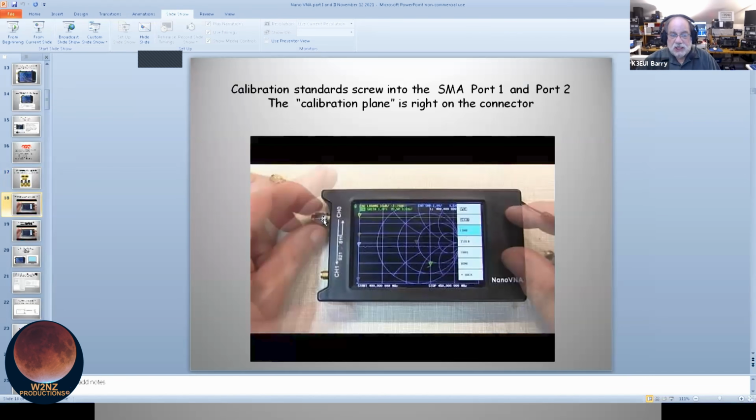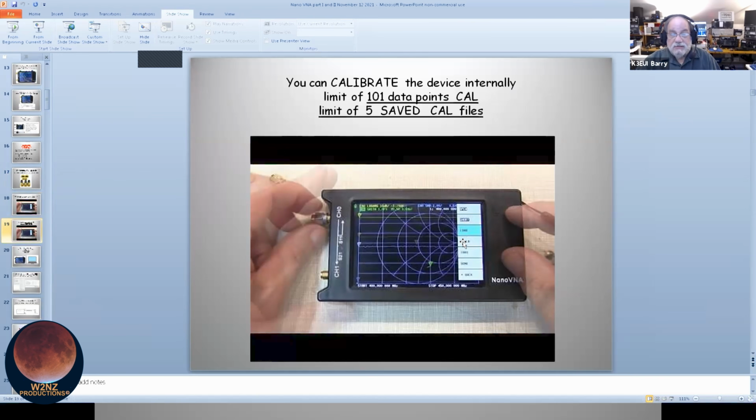The calibrations just plug on the end of the little SMA, you punch a couple of displays here, and you calibrate it over some frequency, and then you can save that file. So you can, let's say, save and call it 80 meters, save 40 meters, whatever. It's really quite easy. The device itself, at least the one I have, only has 100 points for the calibration. And it has a limit of you can save 5 files.